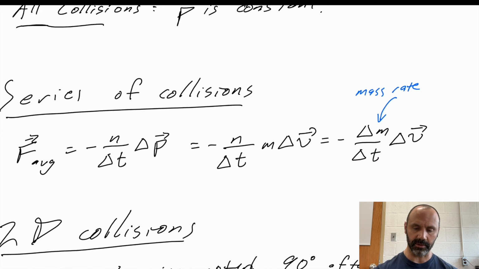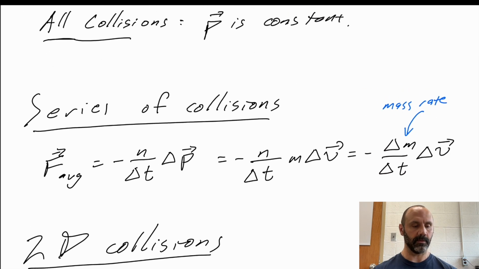If you have a series of collisions, so something like a series of particles hitting something, to be calculated this way, F average is n over delta t, right? So n is the number of particles, and then the total change in momentum. Okay, and so the change in momentum is m delta v.